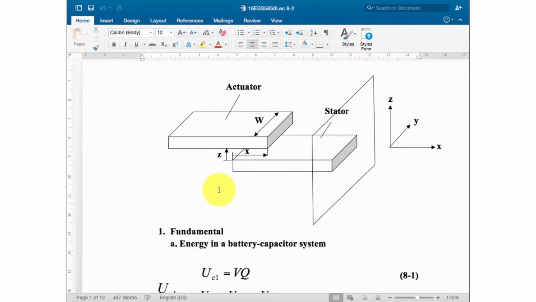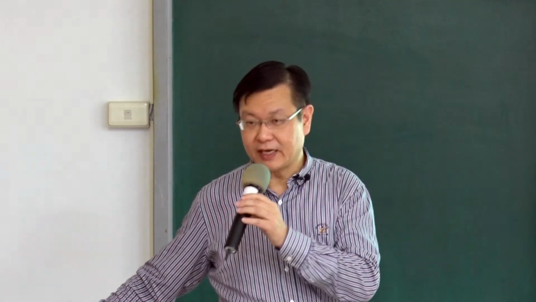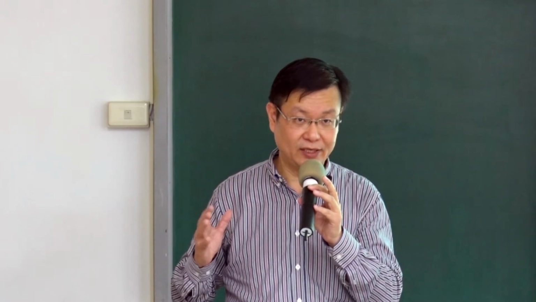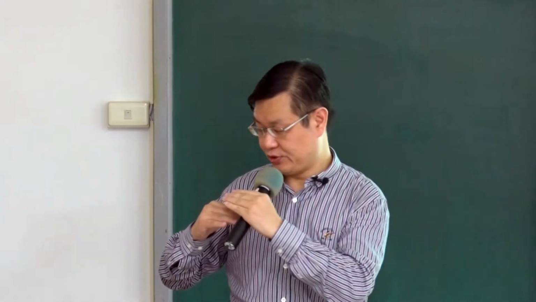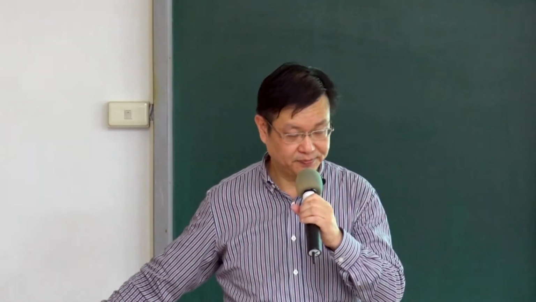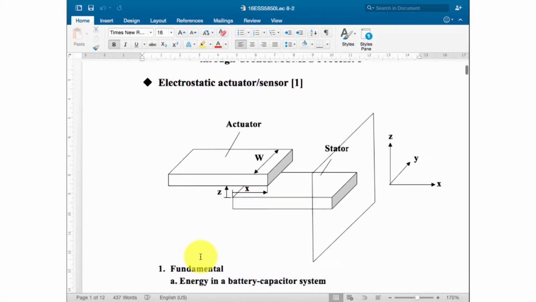For constant charge mode, that means after we charge these two plates, we take out the battery. So during the operation there is no battery connection. Only the two plates store the energy originally applied into the system. For the constant charge mode, we have found the equation we developed last week.